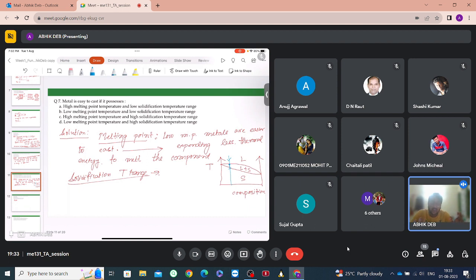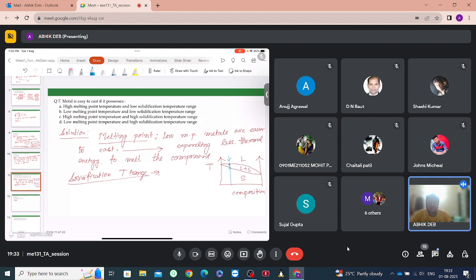It might also happen that in the liquid region there is a particular solubility of one metal in the other, when we are thinking of the composition. As it solidifies, the solid state has lesser solubility of the alloying element as compared to the liquid state.